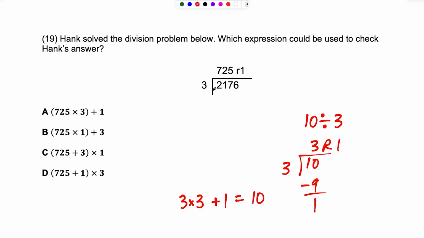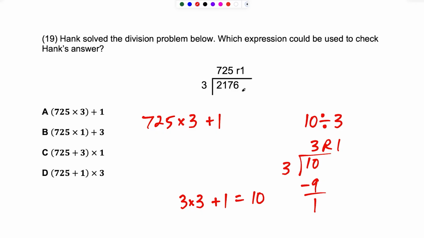Okay, so if you want to check your work to a long division problem, you would multiply the quotient here, 725, times 3, but then you add the remainder. Okay, so you do, once again, the quotient times the divisor, and then plus the remainder.